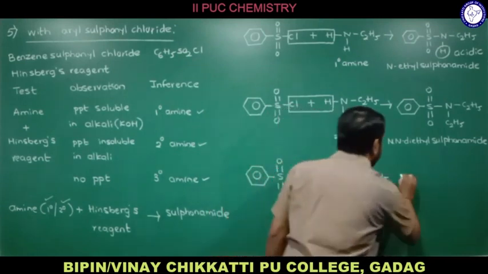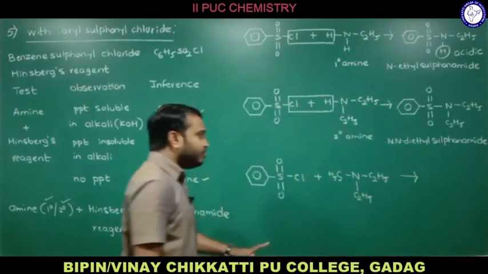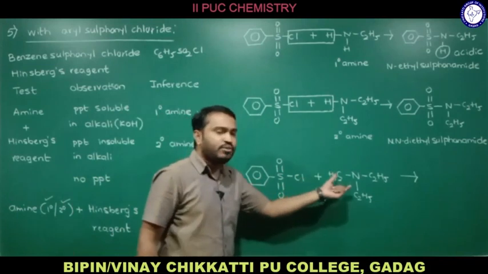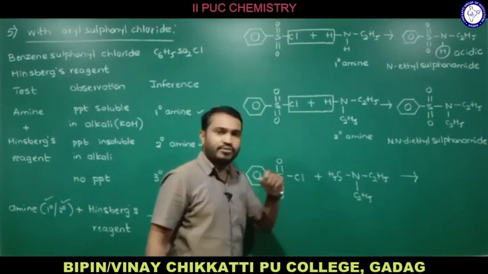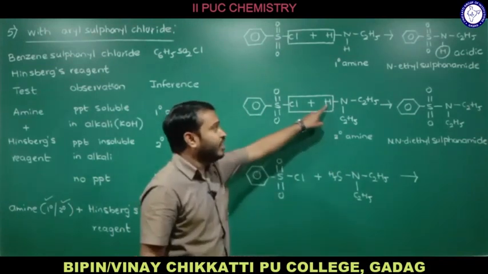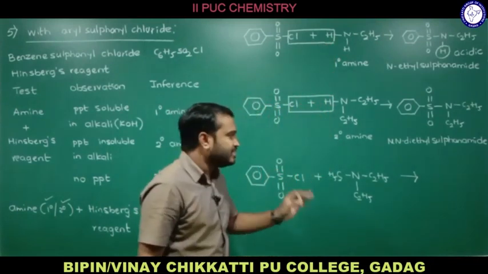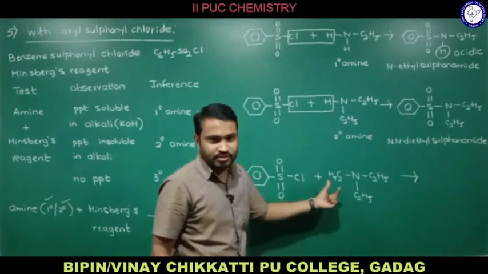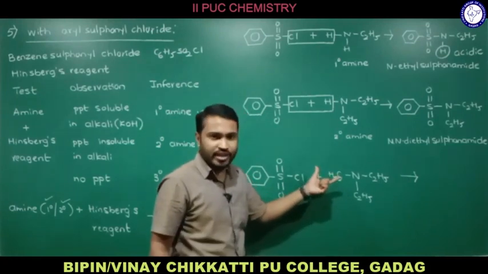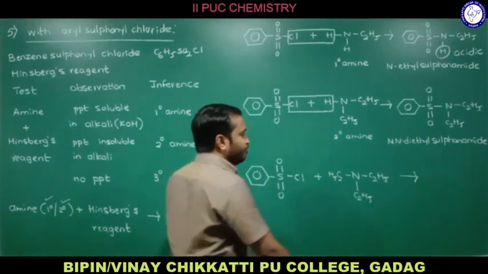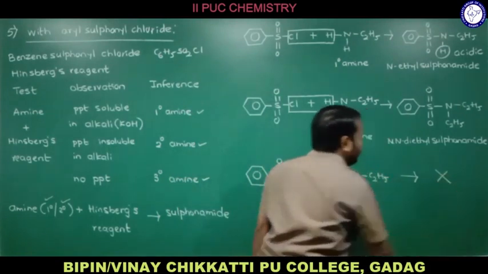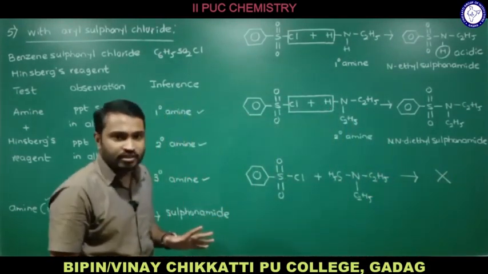Since on the nitrogen we don't have any hydrogens, whereas in a secondary amine we had 1 hydrogen and in a primary amine we had 2 hydrogens, because of the absence of a replaceable hydrogen on the nitrogen, the tertiary amine does not react with the Hinsberg reagent.